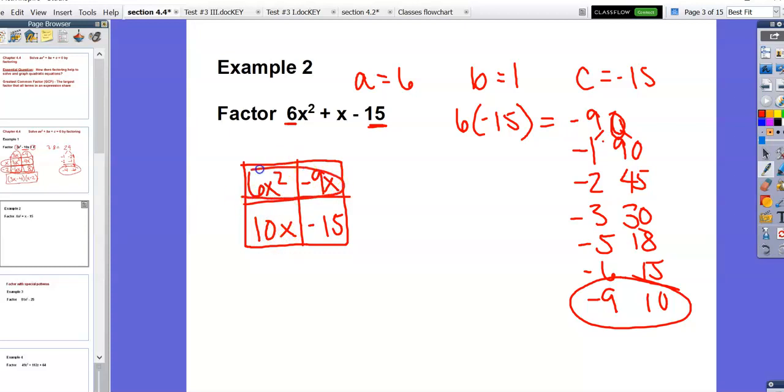Then look for the greatest common factors. Between 6x squared and negative 9x, they both have a 3 and an x. And then here, 10x and negative 15, they share a 5. And that time, because the x was positive, we factored out only a positive 5.